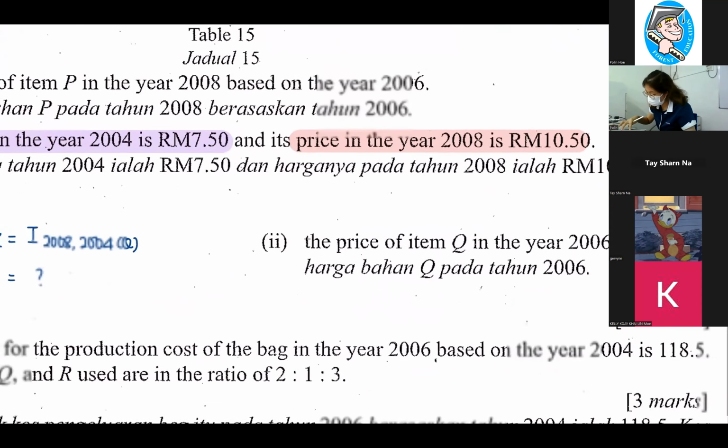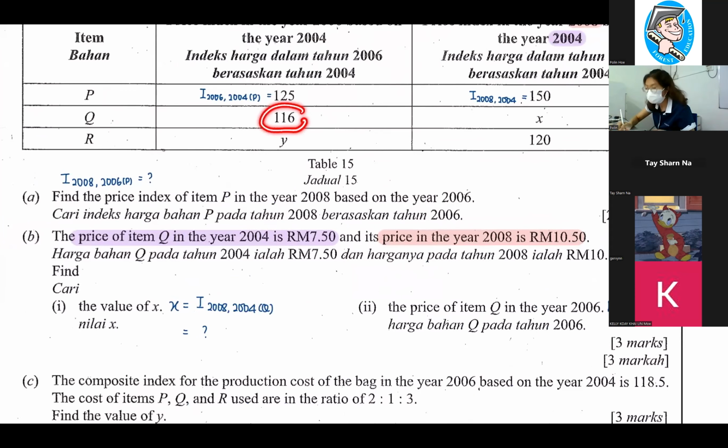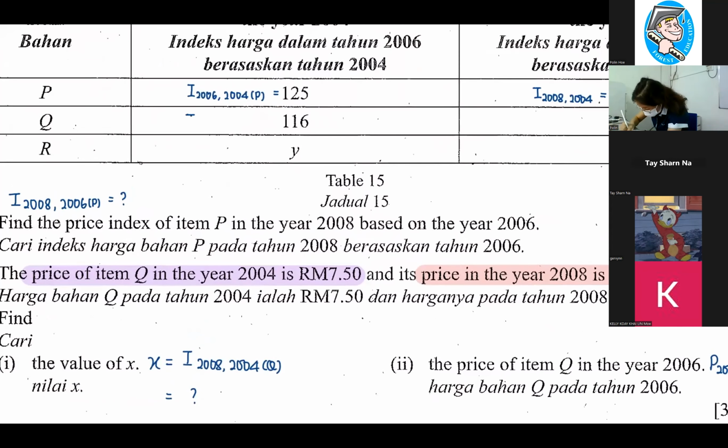You have this: 116. The price index in 2006 based on 2004 for item Q is 116.